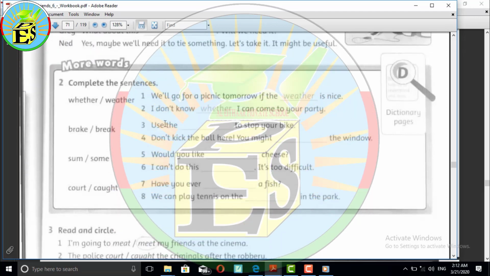Take exercise number 2 as homework and exercise number 3 about the homophones on page 75. Do you remember the homophones? Homophones means two words which have the same pronunciation, same sound, but different spelling and different meaning. We call them homophones.